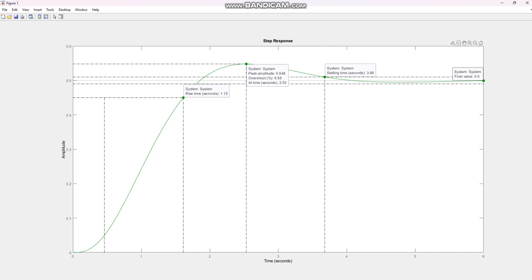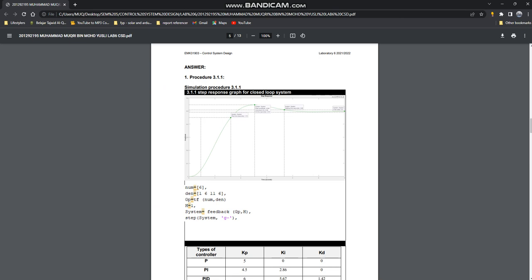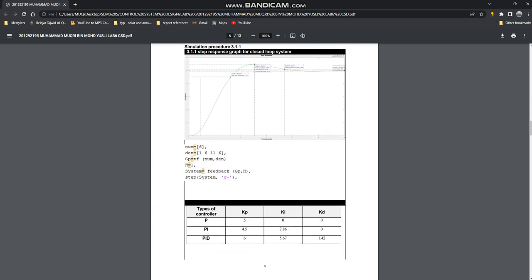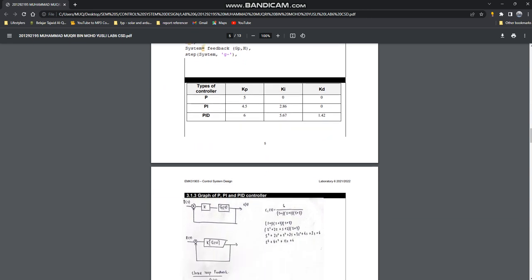This method is applied to all the graphs that we want to look at. For example, this is the result that we got just now. This is the value of P, PI, and PID that we get from all the observations.